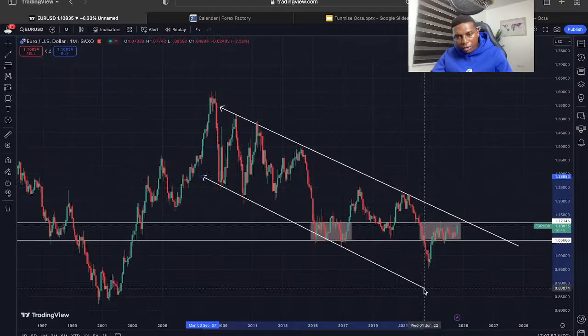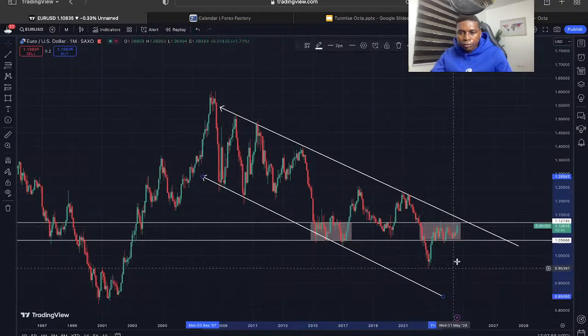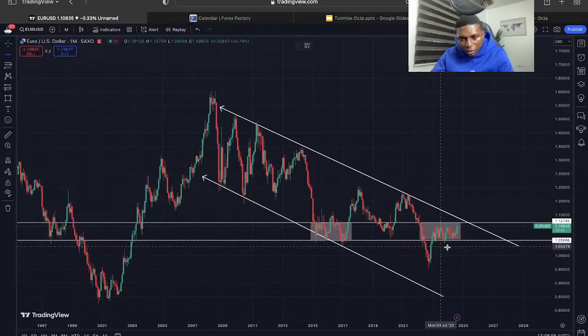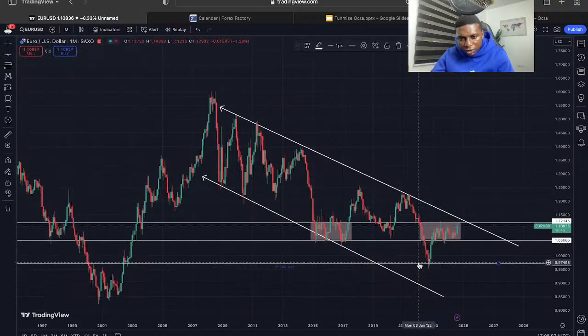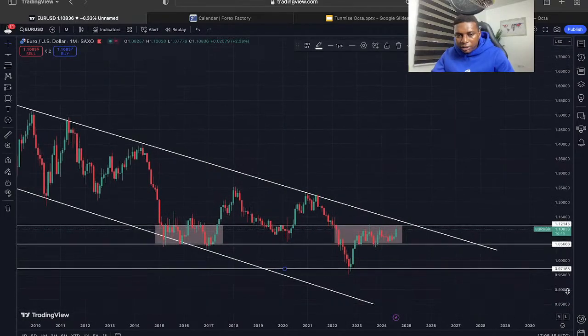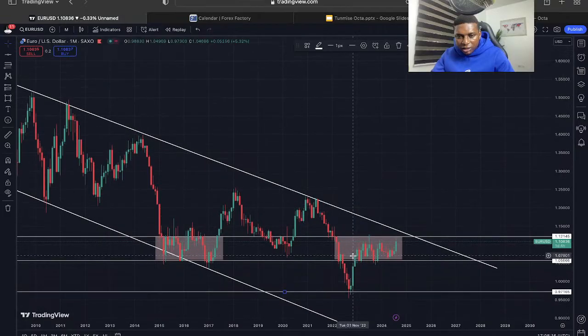We can equally see a level here where price previously touched before pushing back up into this ranging market. So of course we can see that the market has been in a general downtrend, and then it has been ranging between this box.